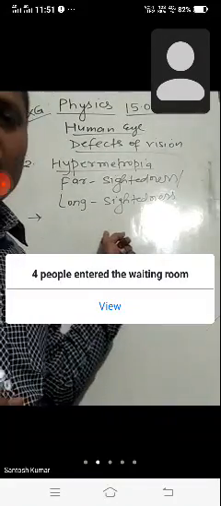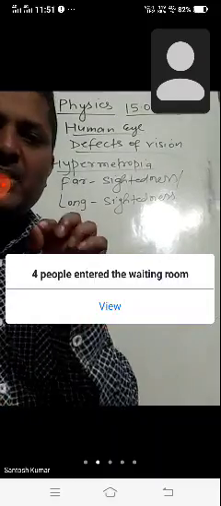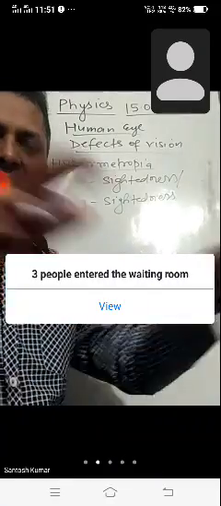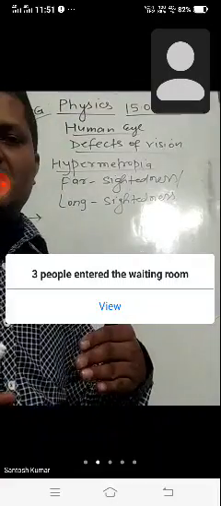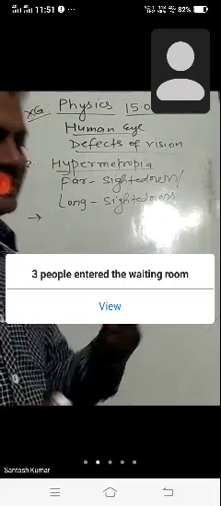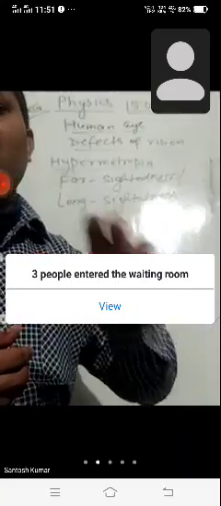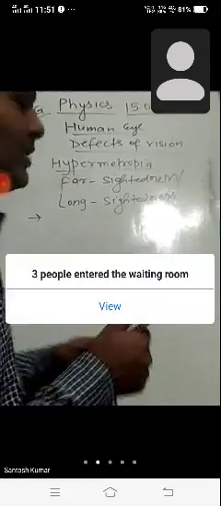This time the near point will be affected, meaning people will be able to see distant objects clearly but unable to see nearby objects clearly. Some people read like this, keeping the object far away from them. It means their near point has been shifted, so he or she may suffer from hypermetropia.